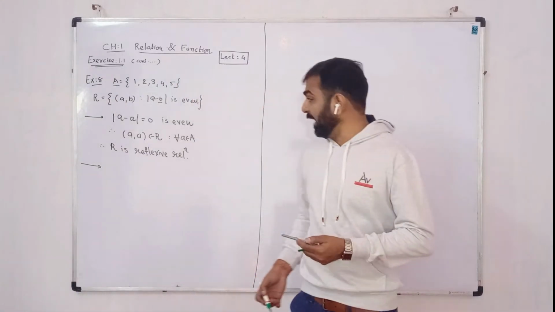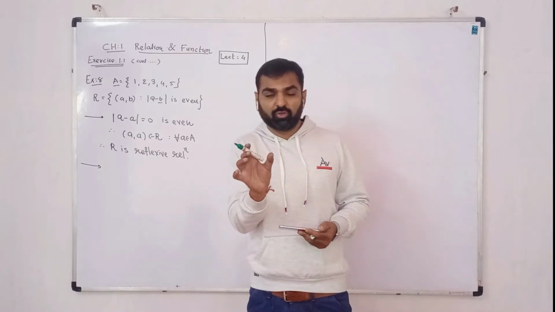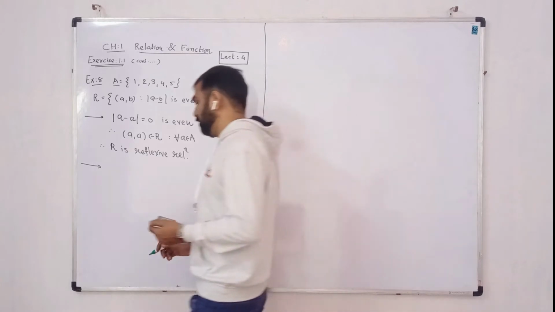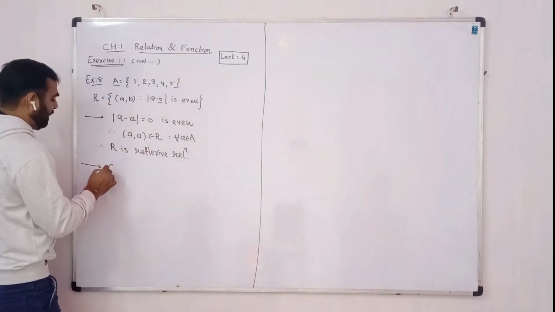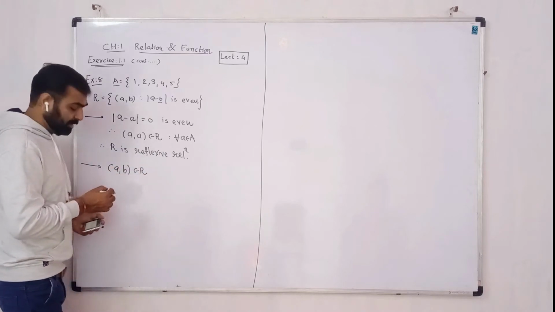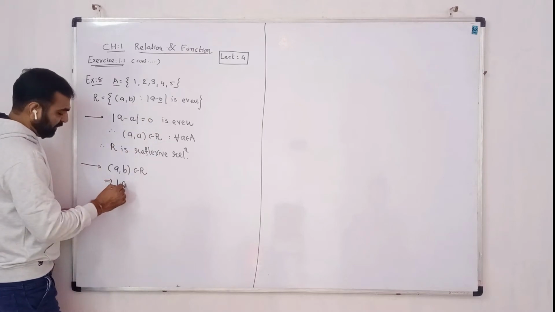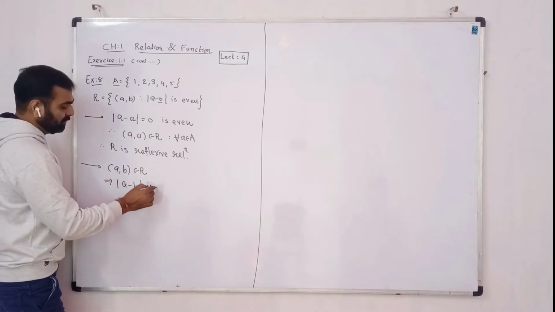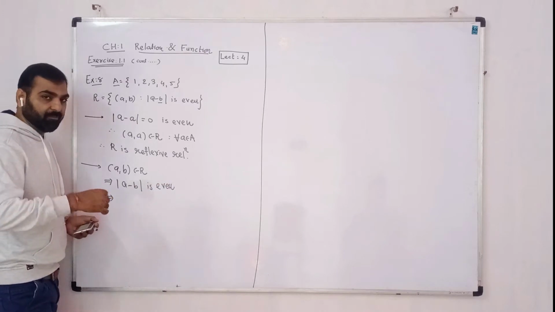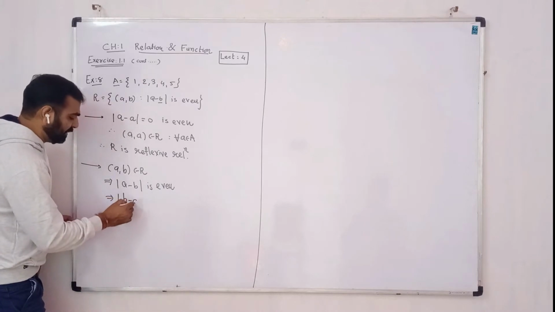Now go for symmetric. For symmetric, (a, b) belongs to R implies (b, a) belongs to R. We accept that (a, b) belongs to R, which means the modulus of a minus b is even. Now A is replaced by B and B is replaced by A, so it becomes modulus of b minus a.